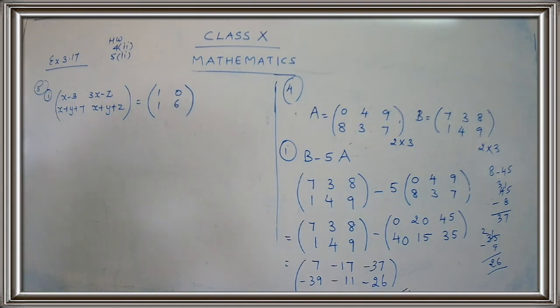So you have been given the matrix x minus 3, 3x minus z, x plus y plus 7, x plus y plus z is equal to 1016. And now you have to find out the values for x, y, and also z. Let us find out the answers.